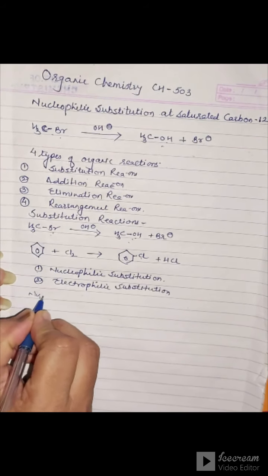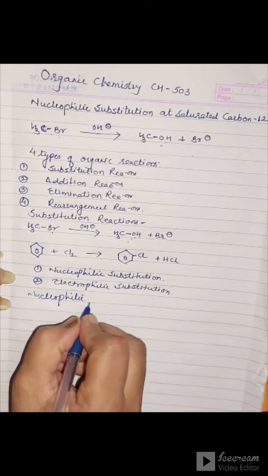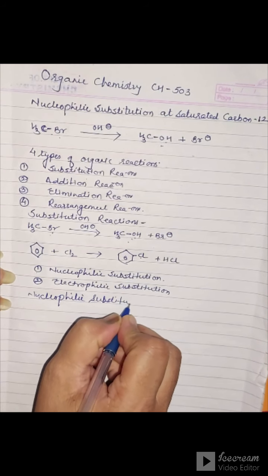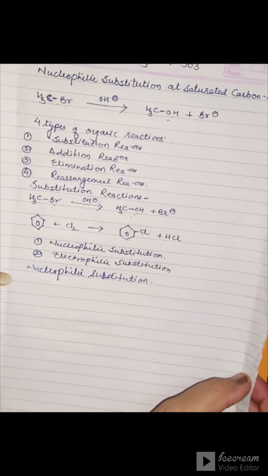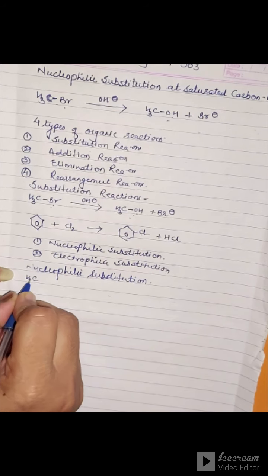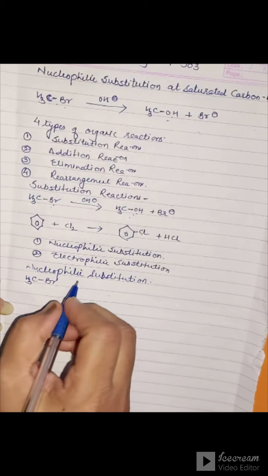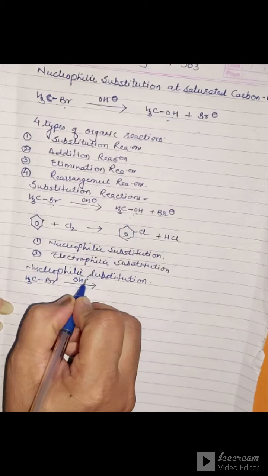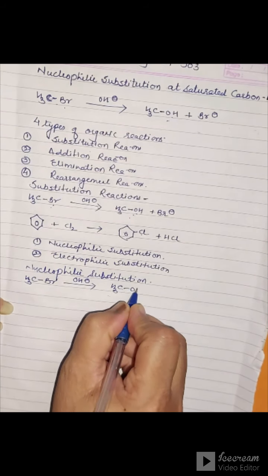Nucleophilic substitution. Example of this nucleophilic substitution is again CH3Br, that is methyl bromide, undergoes hydrolysis and it will give methanol.